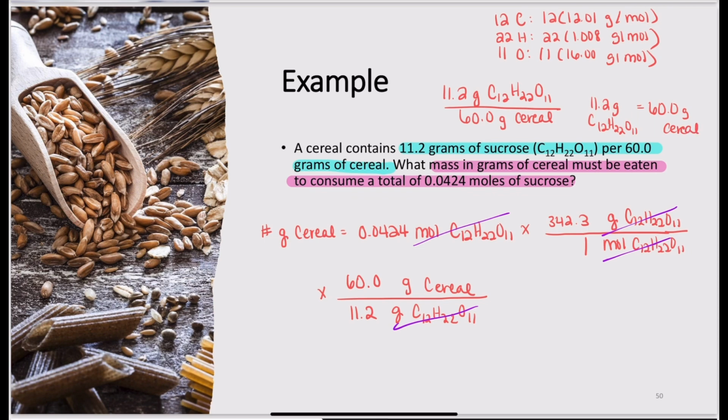So either one can be the numerator. I find when I do the calculation here, 77.8 grams of cereal must be eaten. 77.8 grams of cereal must be consumed to actually consume 0.0424 moles of sucrose in total.